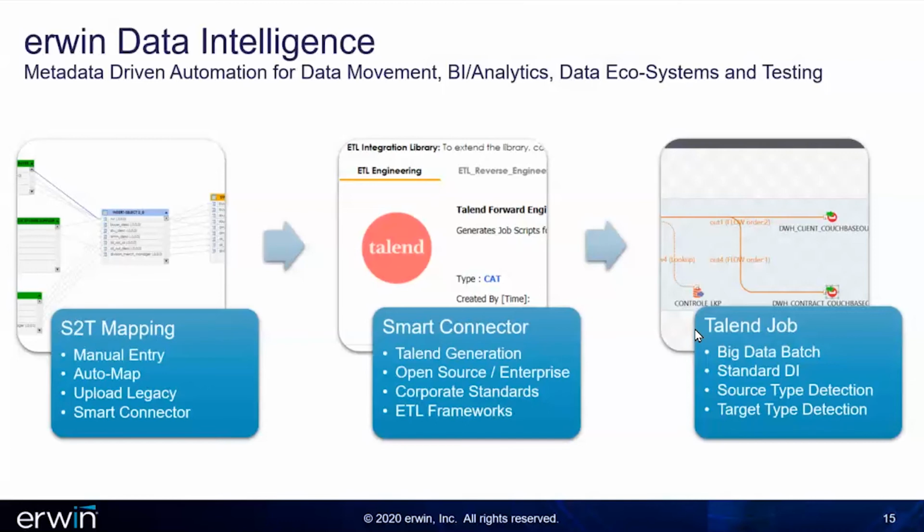We can also help you move from one platform to another. So if the platform you're using for data movement today isn't as powerful as you need or doesn't support your Couchbase environment, we can take that and migrate from, let's say, an IBM DataStage to, in this case, a Talend, and generate all of the code that's required, leveraging best practices, and then set up an automation framework where that information, working in conjunction with Talend, consistently gets moved to where you want it to be.